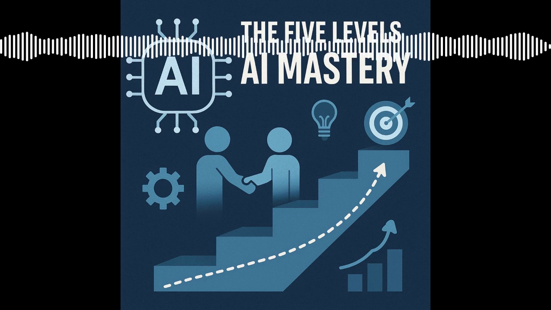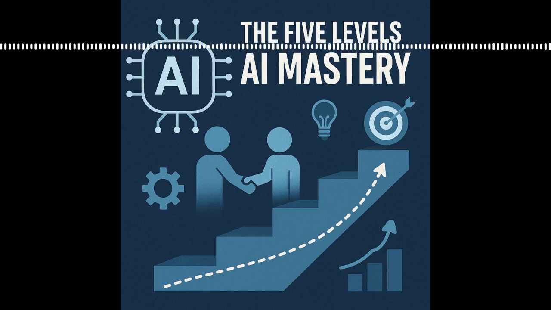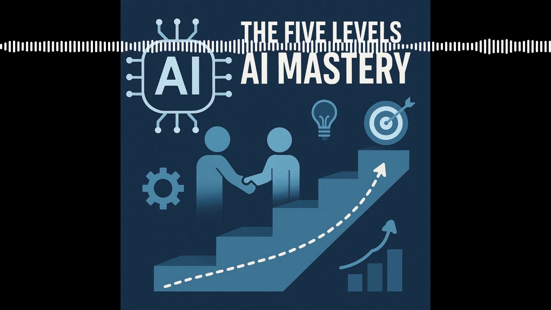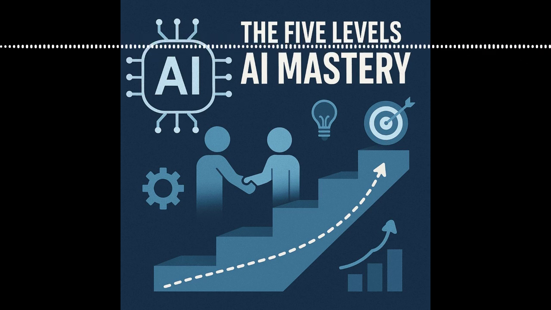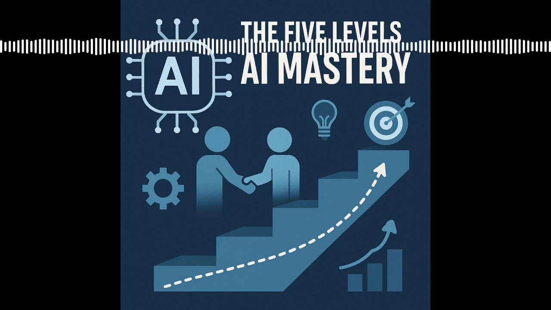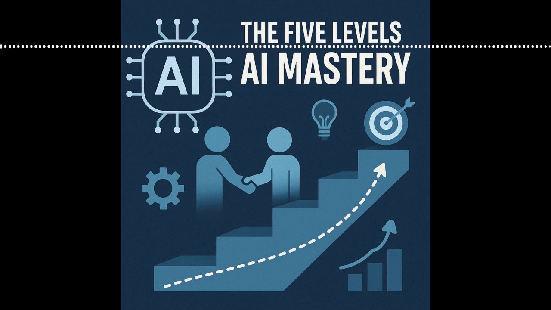Level 2, task helper. Here, you're doing stuff like condensing articles, research papers, or long emails into digestible summaries that capture key points. Editing text, you can clean up paragraphs, fix grammar, adjust tone, or just simplify complex language, which I still do a lot, and it's been incredibly helpful to me.